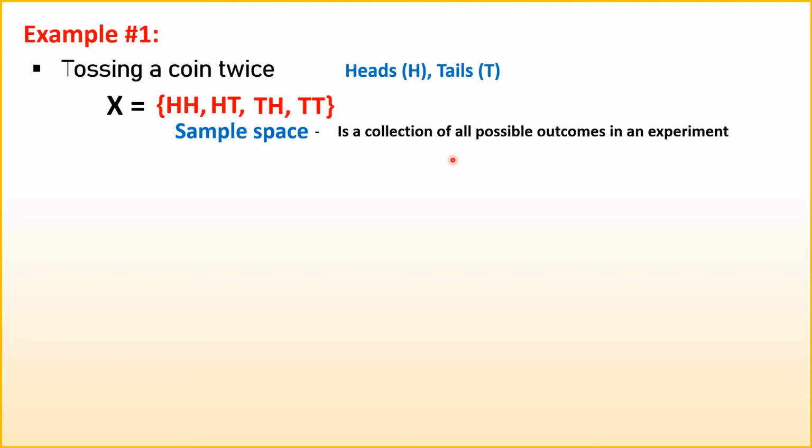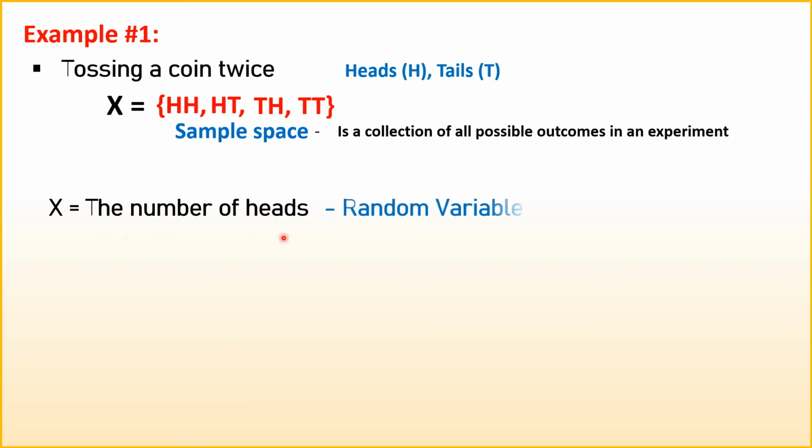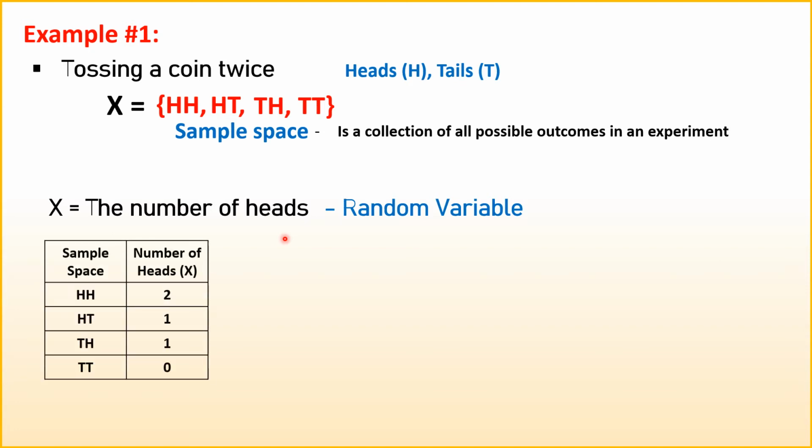Pero kung interesado ka lang sa number of heads, maglet tayo na ang X natin is the number of heads. So this is what we call a random variable. So let us show that in the table. Sample space: head, head; head, tail; tail, head; tail, tail. So number of heads: 2. Dito, only 1. And 1 din dito.